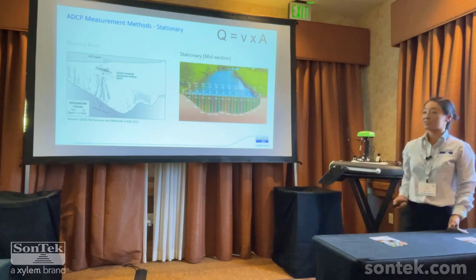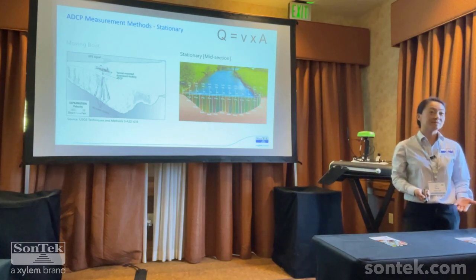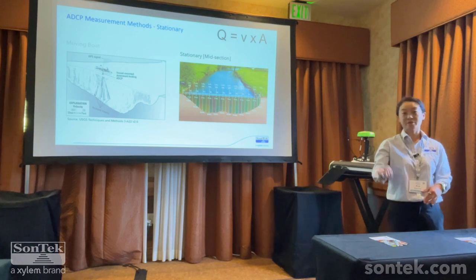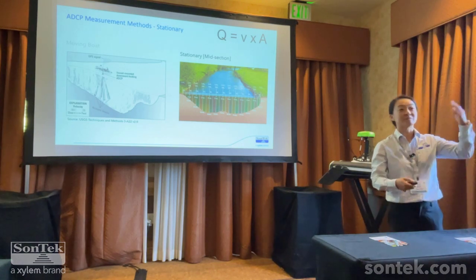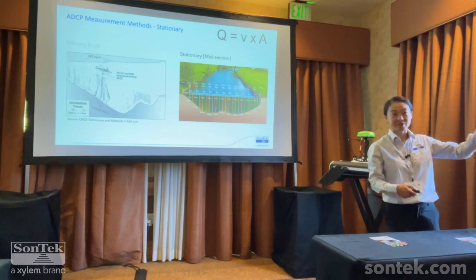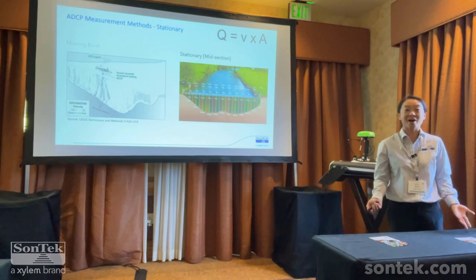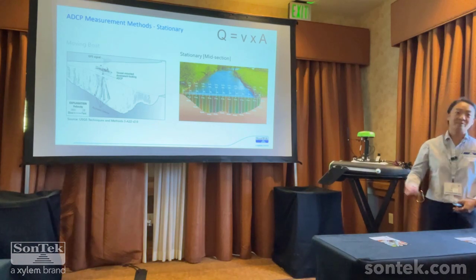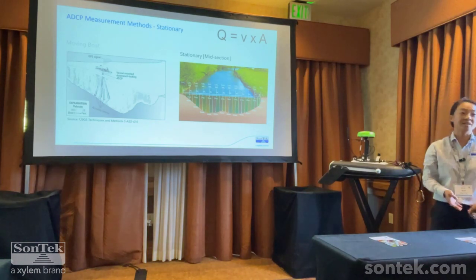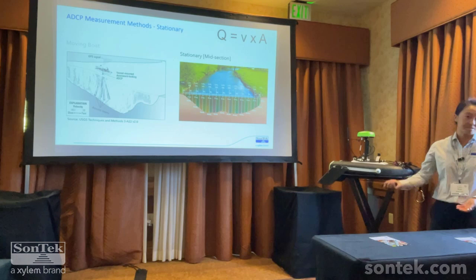So in this way, we actually get more information compared to just one point. And for those flow tracker users, if you wanted a multi-point measurement, if you're a little deeper and you need 2 or 3 points, that can take a while.